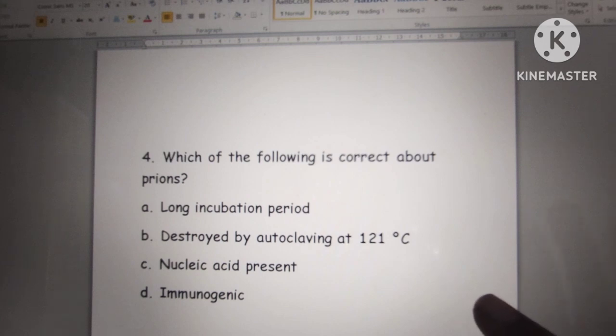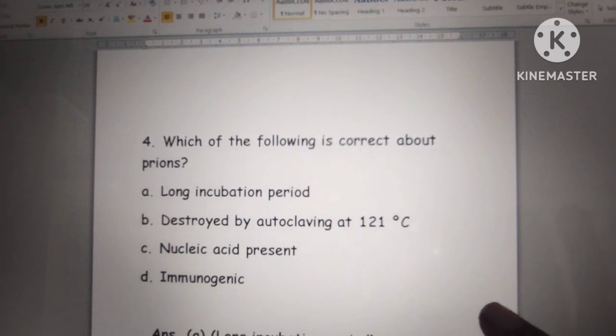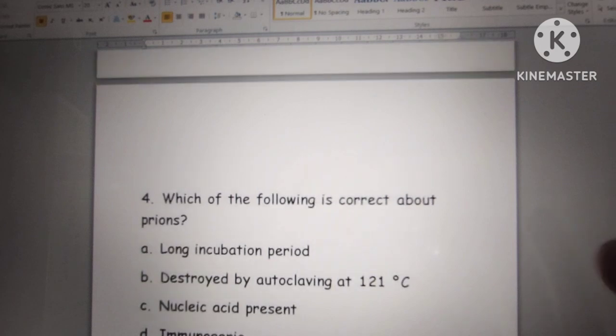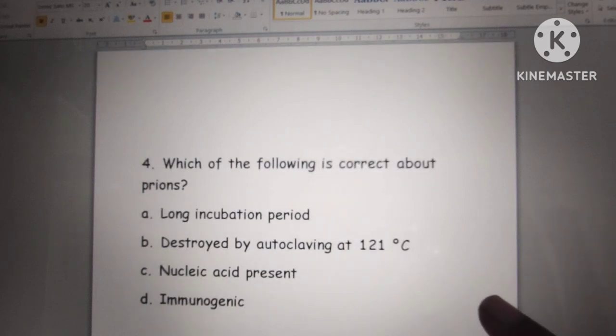Destroyed by autoclaving at 121 degrees Celsius? No, it is 134 degrees Celsius for about 1 to 1.5 hours. Nucleic acid present? Obviously no, there is no nucleic acid. Because of that, it is not antigenic and lacks an immune response. So the answer is the long incubation period.